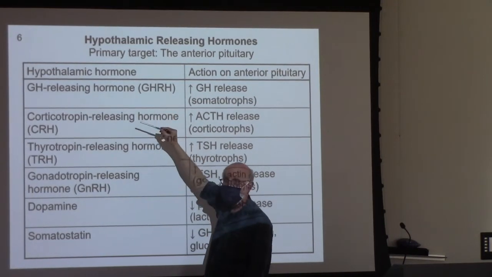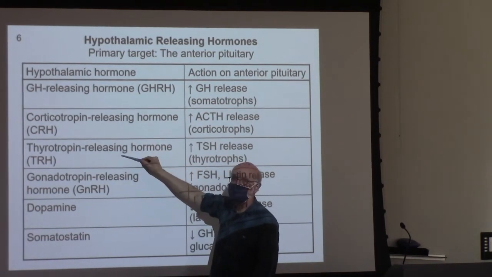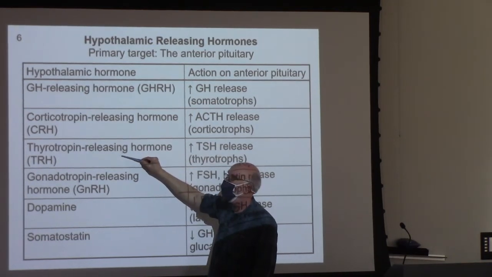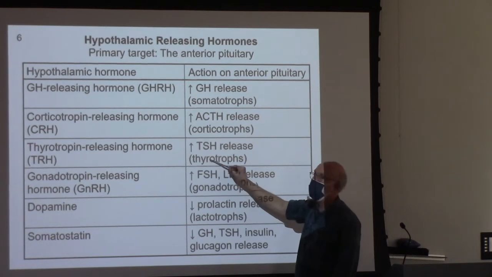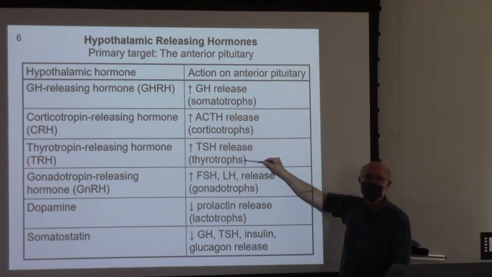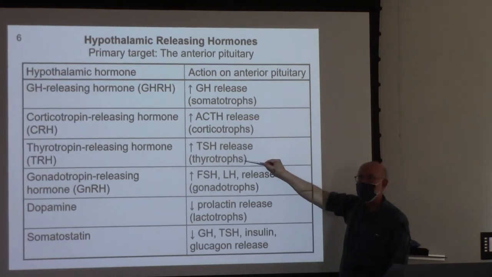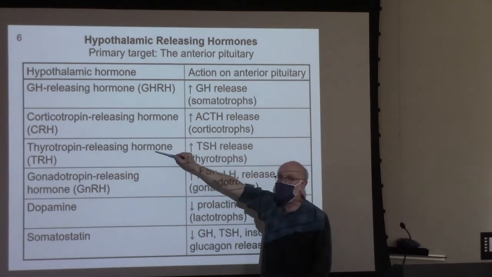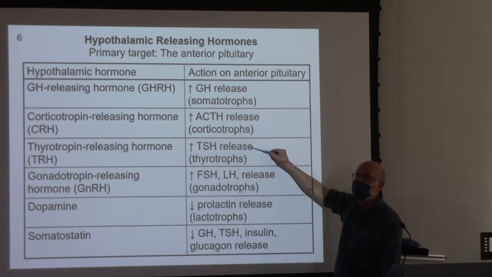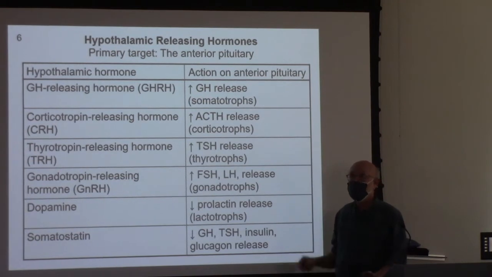Some hypothalamic neurosecretory cells release TRH into the portal circulation at the median eminence. TRH travels a short distance in the blood to the anterior pituitary, where it interacts with the thyrotropes. It stimulates the thyrotropes because they express TRH receptors, and they release TSH into the systemic circulation, and it has multiple effects that we'll get into later.